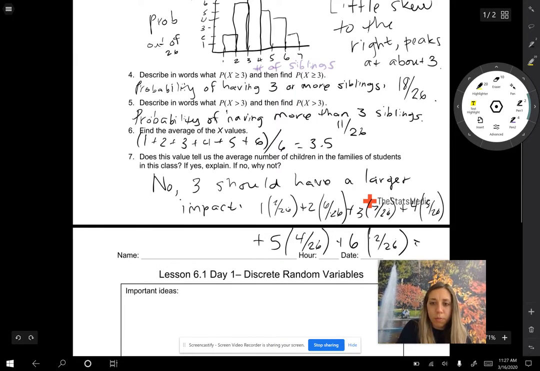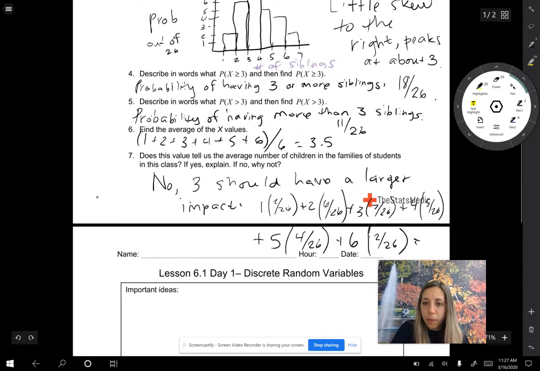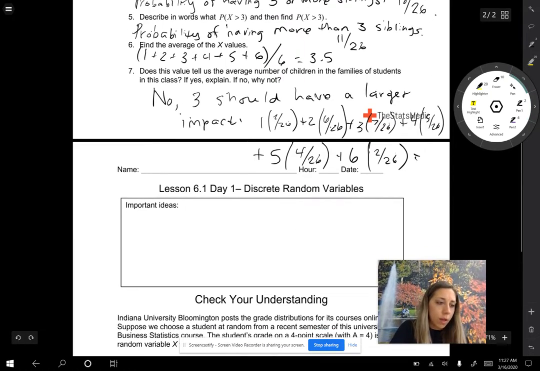And once you multiply all of those together, you're going to add them, and then we get a value of 3.346.